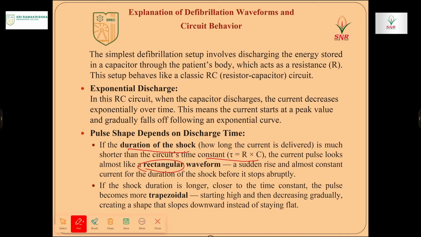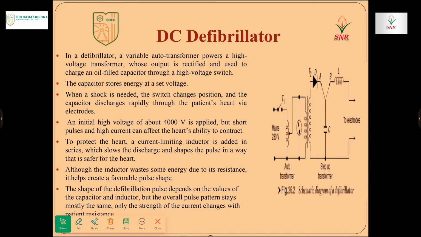If the shock duration is longer, closer to the time constant tau, R into C, the pulse becomes trapezoidal. It starts high and then gradually decreases, creating a shape that slopes down instead of staying flat.